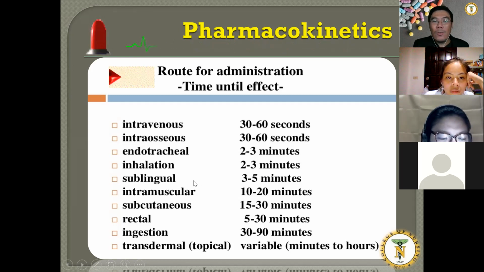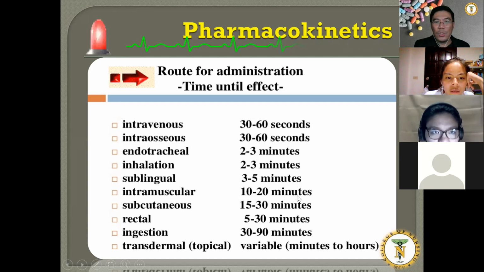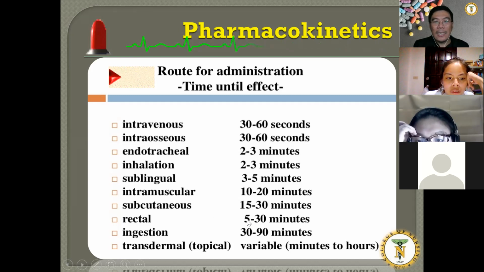Sublingual may have an effect in 3 to 5 minutes. Intramuscular, 10 to 20 minutes. Subcutaneous, 15 to 30 minutes. Rectal, 5 to 30 minutes. Ingestion, meaning oral, 30 to 90 minutes.